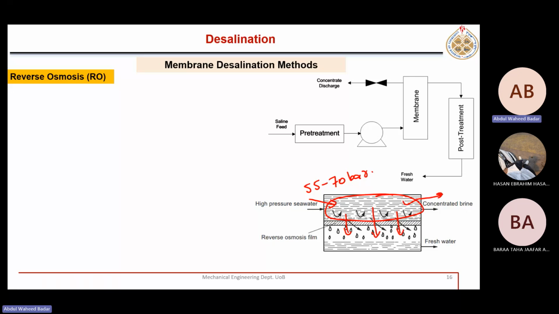And special polymeric materials are used to construct such membranes. I saw the name polyamide, which is one type of synthetic polymer made to achieve this task.